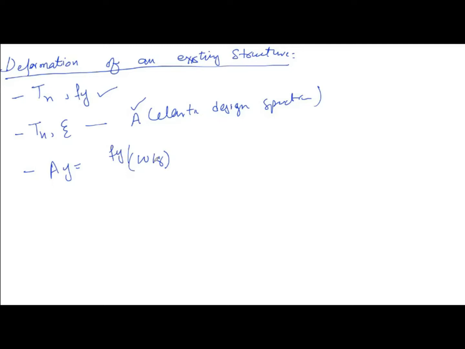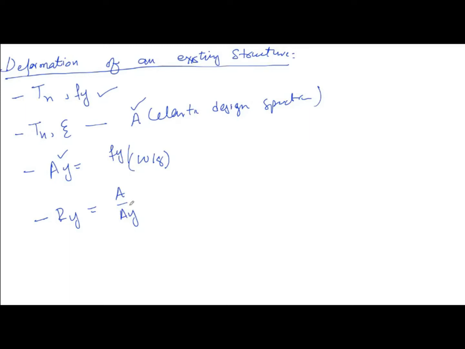So once Ay and A are obtained, we can calculate the yield strength reduction factor Ry, that is equal to A divided by Ay. So using this equation, we know how much yield strength reduction factor is available in our system.